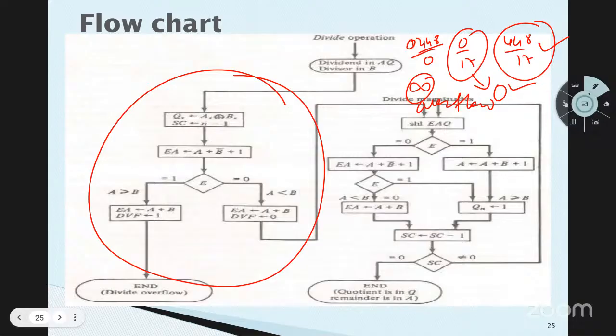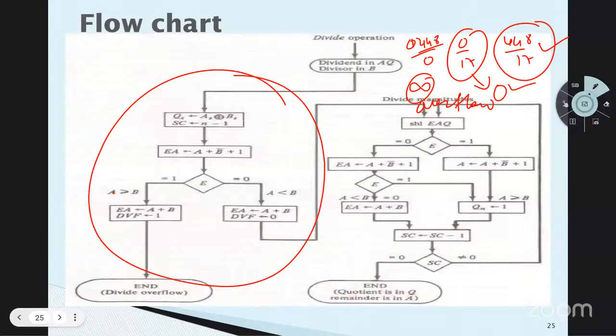Okay. So here, if A is greater than B, then division overflow, then you can stop the division.